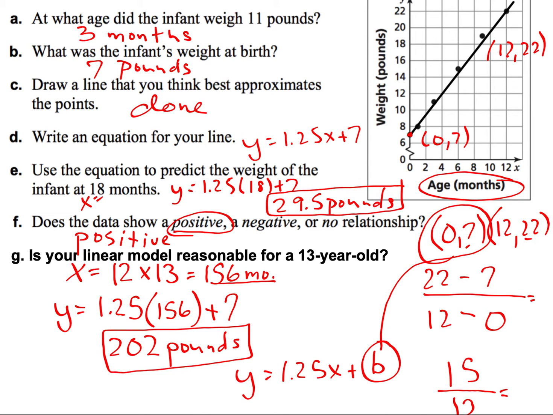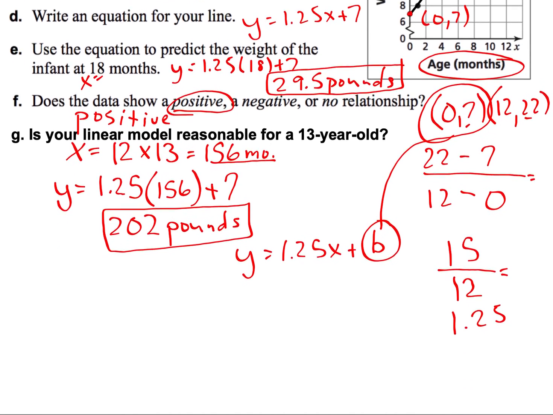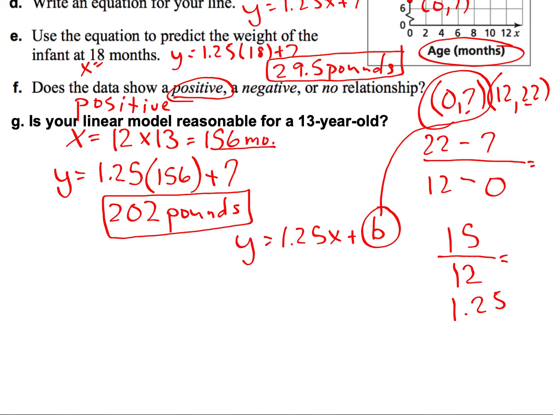Now let's think about whether that's reasonable or not. Are there 13-year-olds that weigh 202 pounds? Yes. Is it a common weight for a 13-year-old? I don't think so. That's kind of hitting the upper end of weight. The average 13-year-old probably weighs between 110 and 150, 170 maybe, depending on how much muscle they've developed.